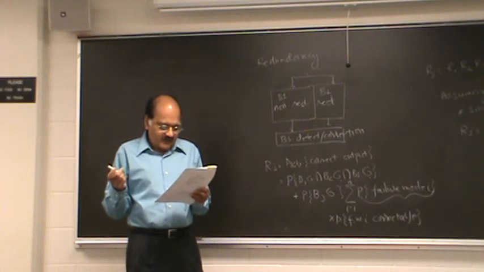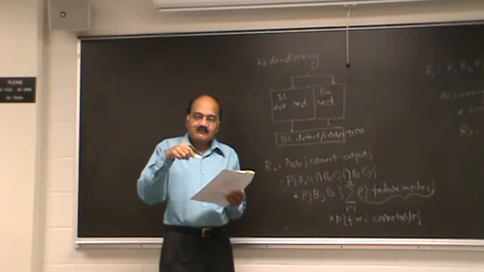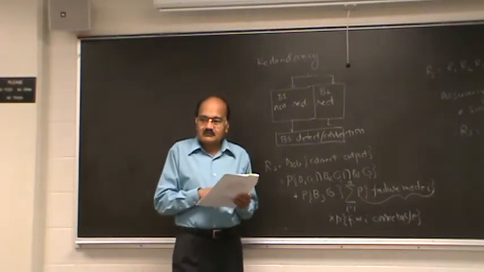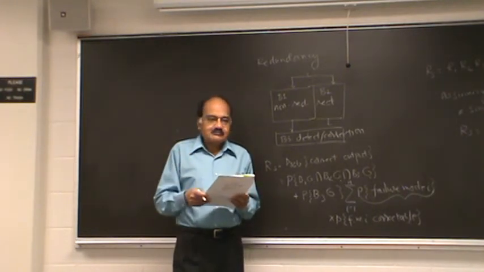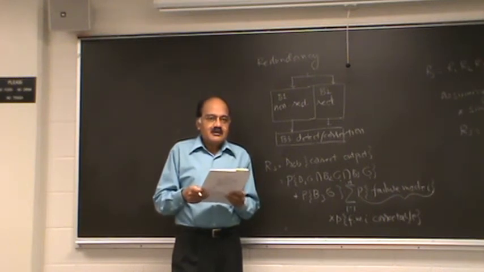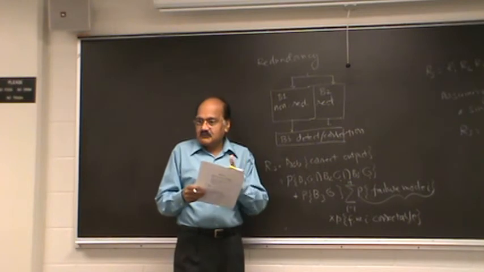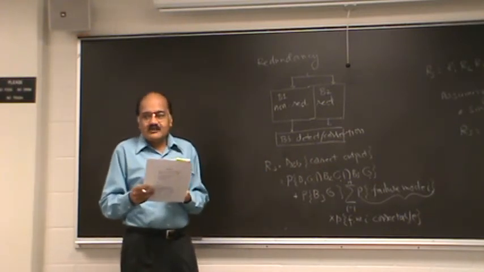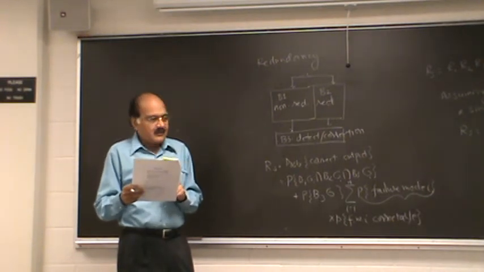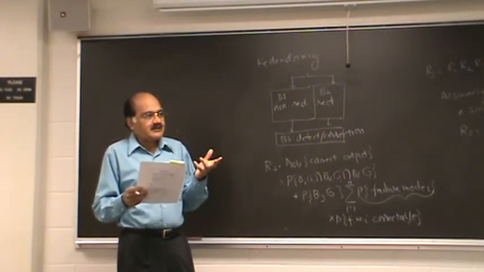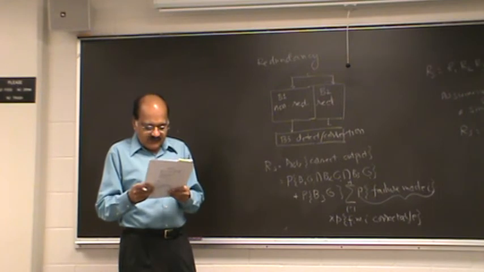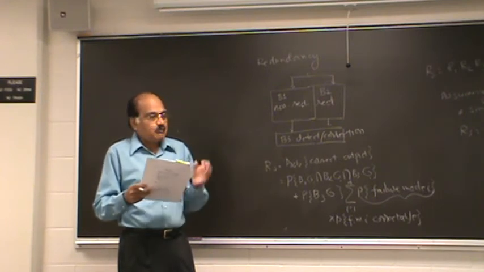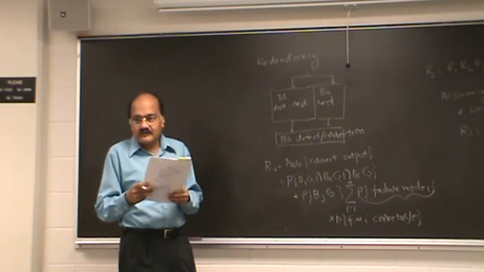You can have a soft error, which is very common, that a bit gets flipped, but the hardware is still okay. And after a while, the fault will go away, but the error may stay because it has already flipped a storage element. So you have to guard against that. So error correction can be quite effective for such temporary failures. If you have a permanent failure, then a particular memory bit is always wrong.